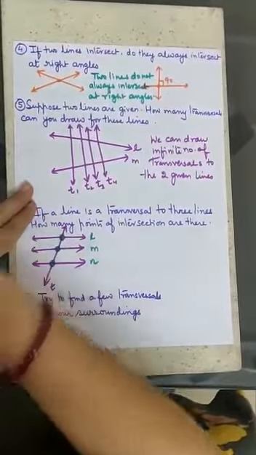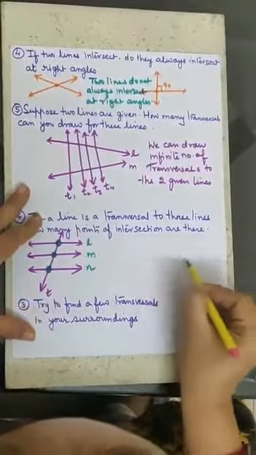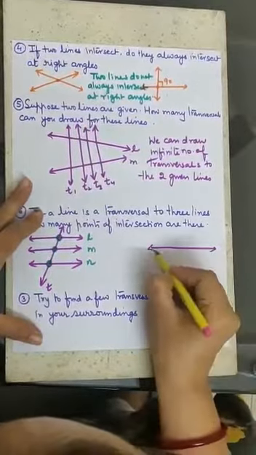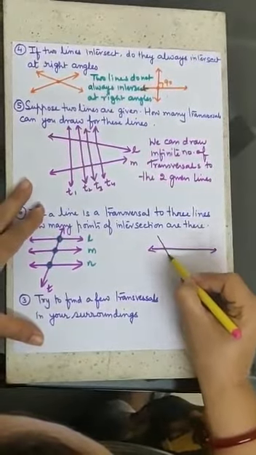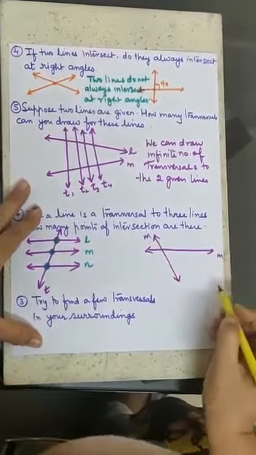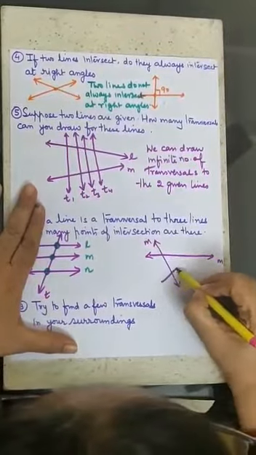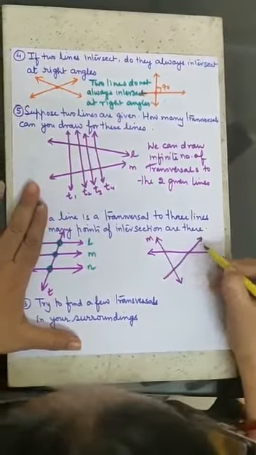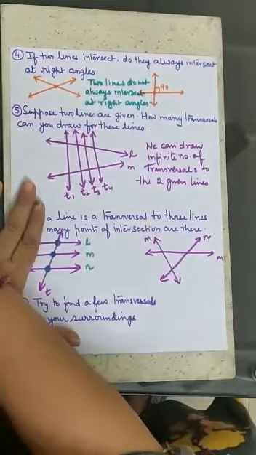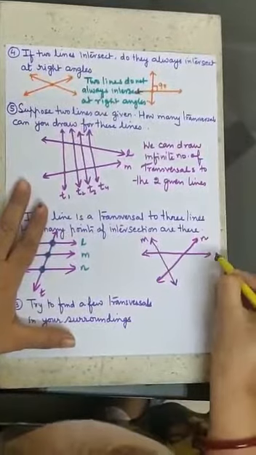Another case we see. Here the lines we have drawn parallel. Now let us draw three lines like this. Let this be line L. Let this be line M. And let this be line N. So let us draw the transversal.